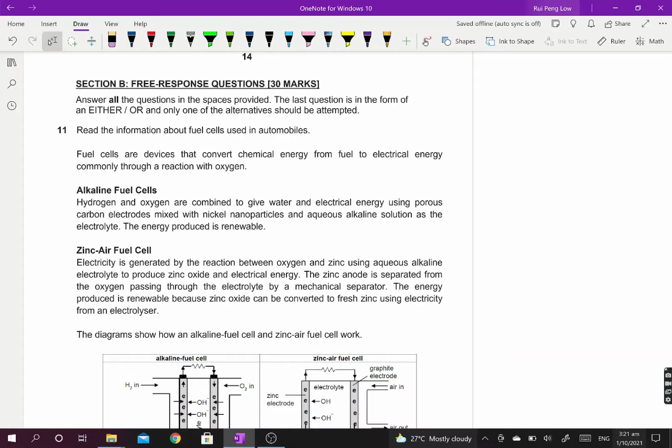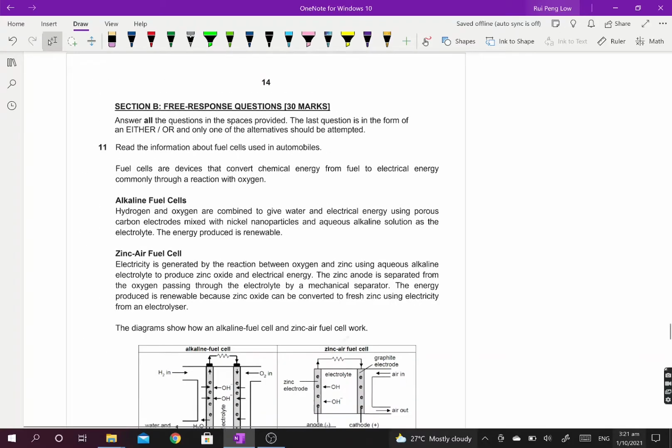Sometimes the answer is literally in the data. Sometimes you need the data to help you answer the question. So spend a little time on the data instead of just quickly jumping through the question. Okay, so let's take a look.